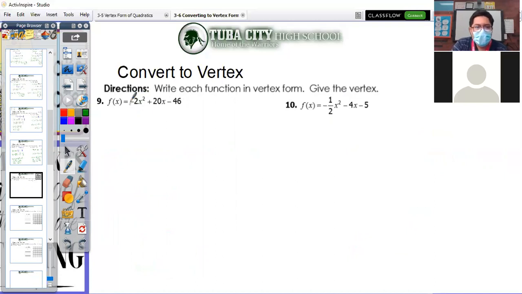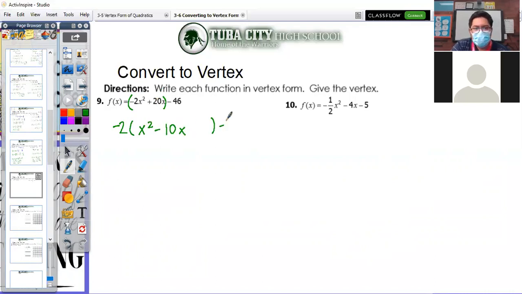So let's go ahead and group these first two here. Now, when I'm taking this out, I have a negative on the A, but I also have 2. So that means I'm going to have to take out negative 2. So again, we divide this by negative 2, divided by negative 2, that's going to be just this left over. 20 divided by negative 2, so that's going to be negative 10x.